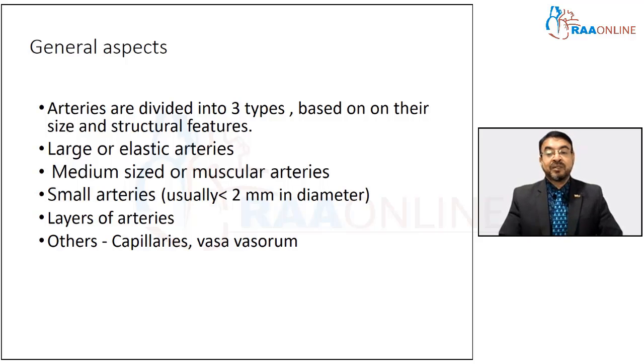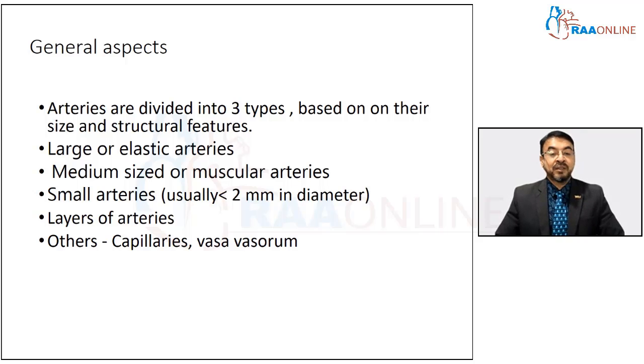Now, all across the body, you find arteries in three sizes. The large ones are called the elastic arteries. These are the aorta and its branches. The medium-sized arteries are called muscular arteries. These are slightly smaller than the branches of the aorta, such as the renal artery, the coronary artery, and so on.